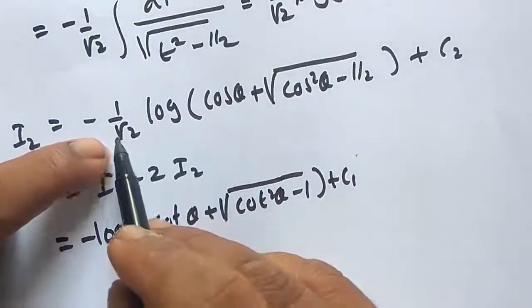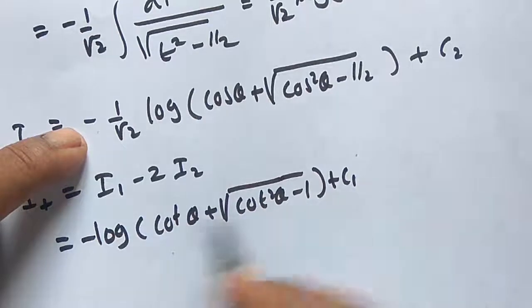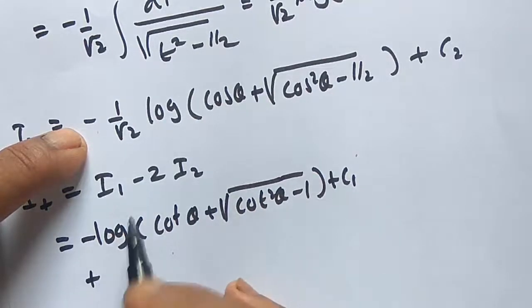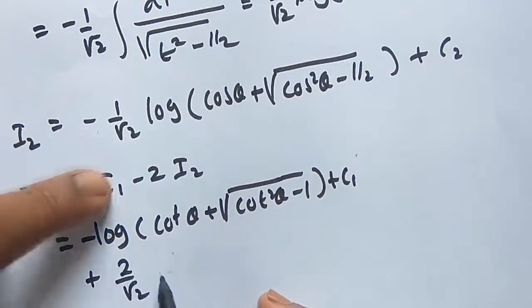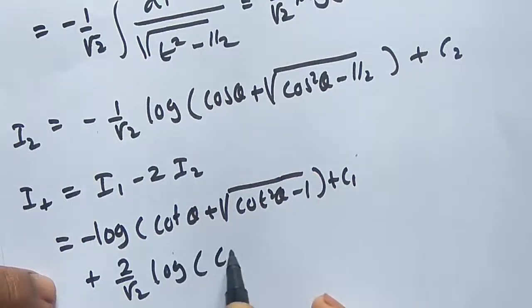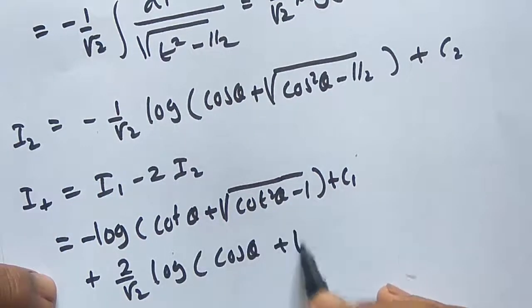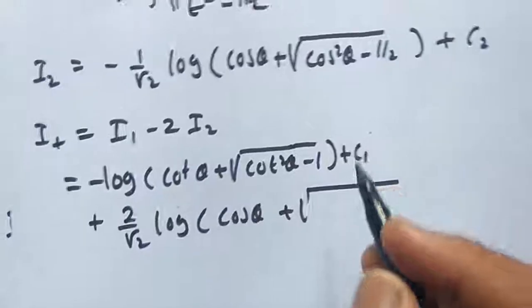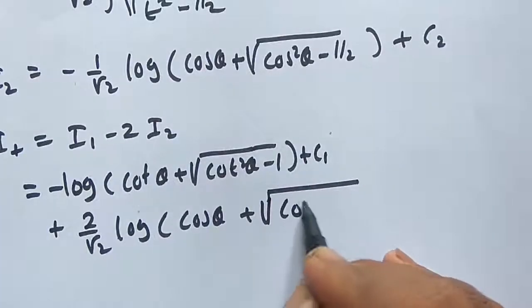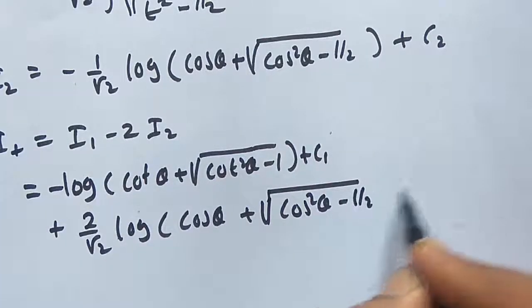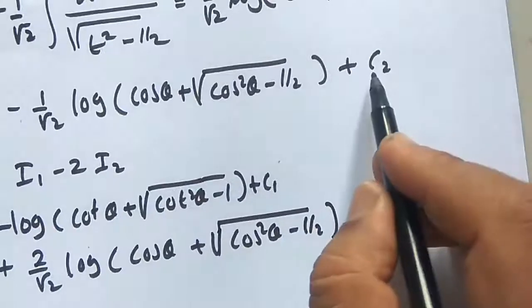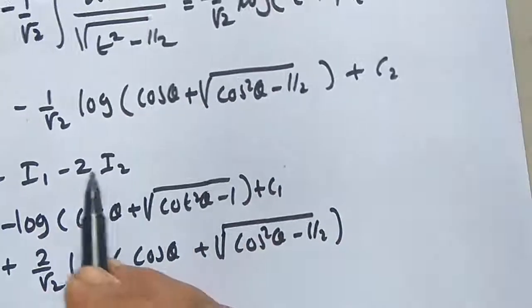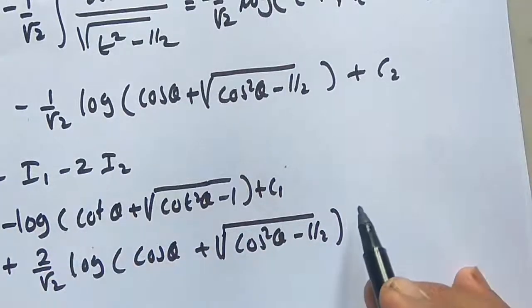Minus minus becomes plus, so it is plus 2 upon root 2 log of cos theta plus under root of cos square theta minus 1 half, bracket complete, here plus C2 but multiplied by minus 2, so minus 2 C2.